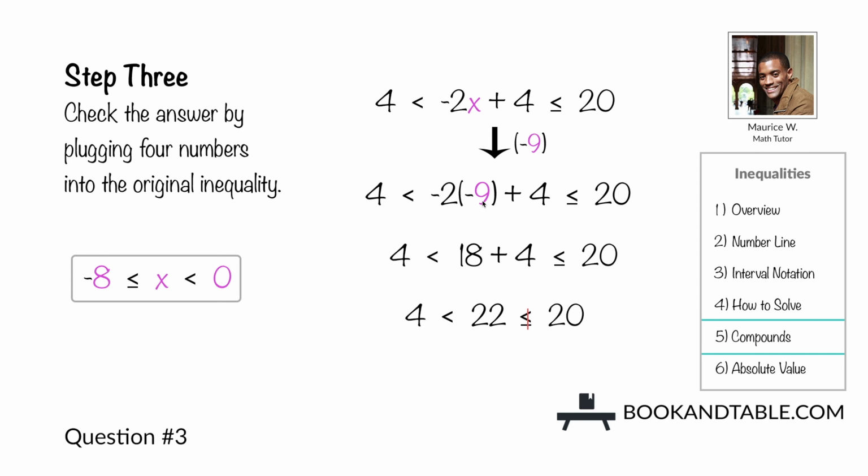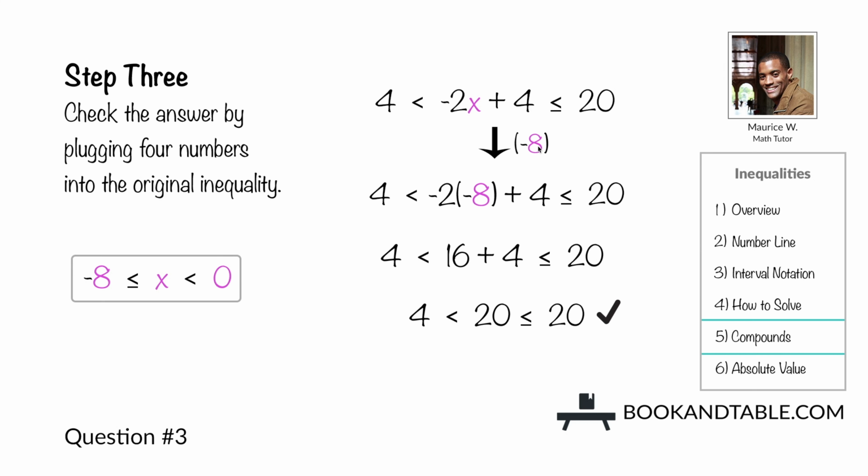When you plug in negative 9 for x, that leaves us with negative 2 times negative 9 is 18. 18 plus 4 is 22, and 22 is not less than 20. When we plug in negative 8 instead, negative 2 times negative 8 is 16. 16 plus 4 is 20, and that leaves us with a true statement. 4 is less than 20, which is less than or equal to 20. Negative 8 is less than or equal to x is the correct answer on this side of our inequality.